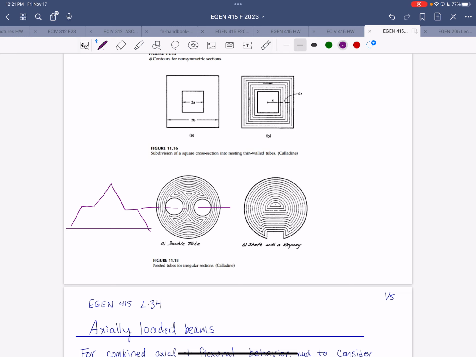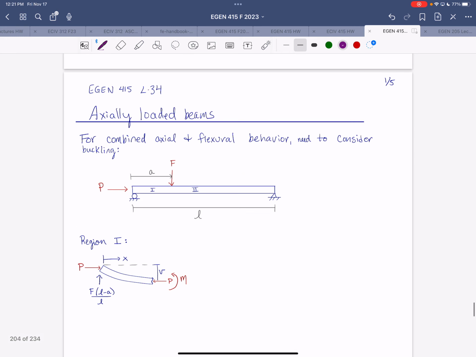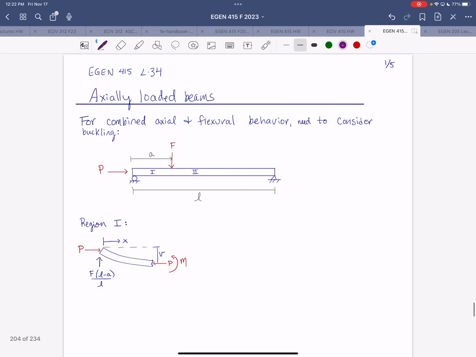So now on to the last set of lecture notes, axially loaded beams. If we have a beam that is also expected to undergo axial loading, then we have to consider buckling.